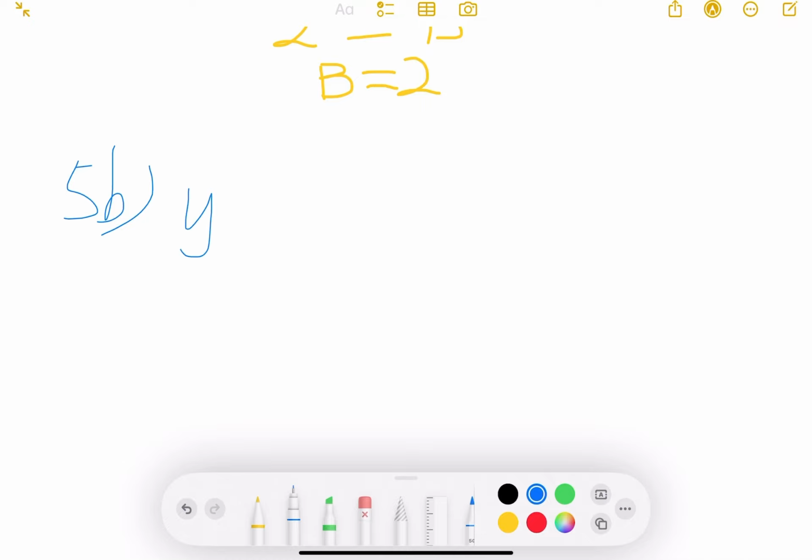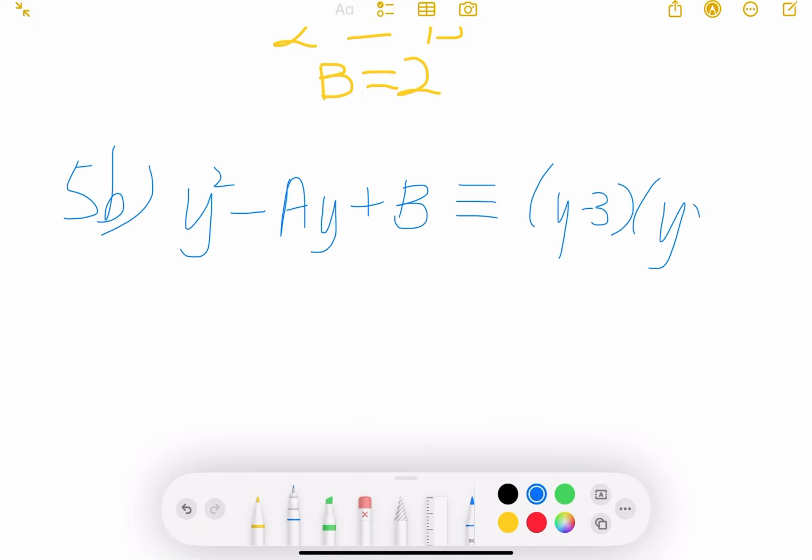You have y squared minus ay plus b identical to y minus 3, y plus 2. Because you have brackets, your first step is to open them up.